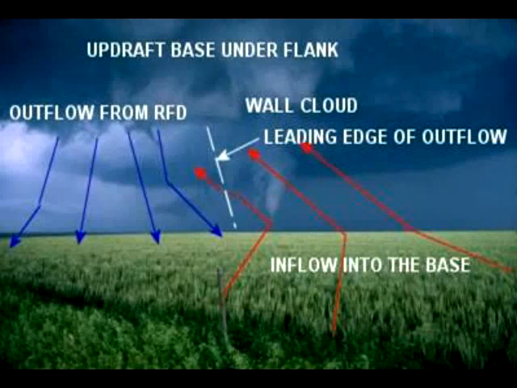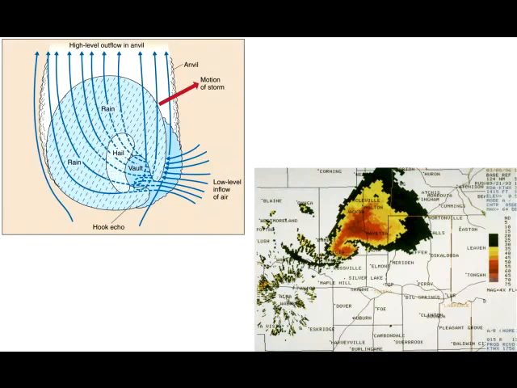This sinking air behind the updraft is called the rear flank downdraft. Given that it is relatively dry air that is sinking, it produces a visible, clear slot that is wrapping around the wall cloud.